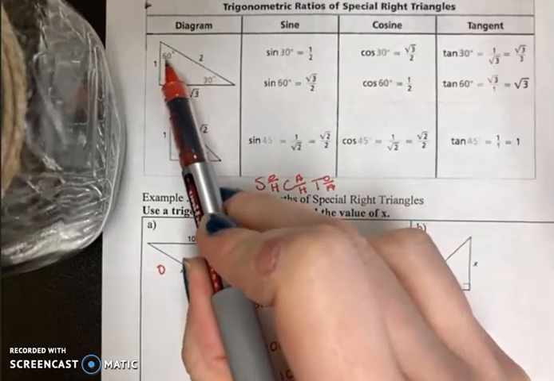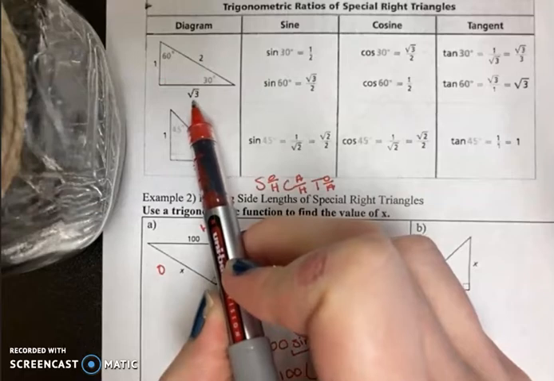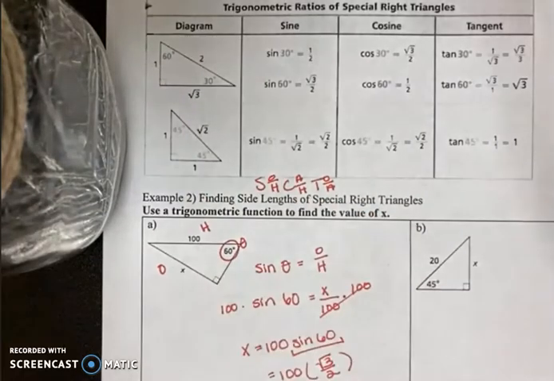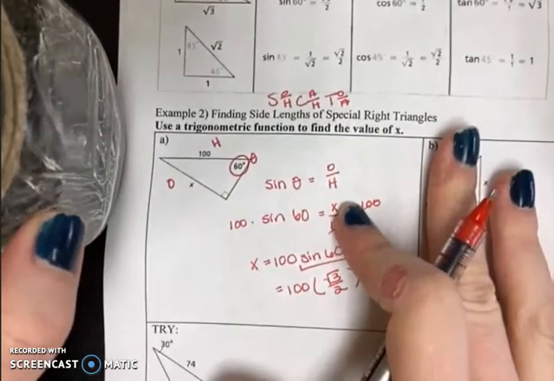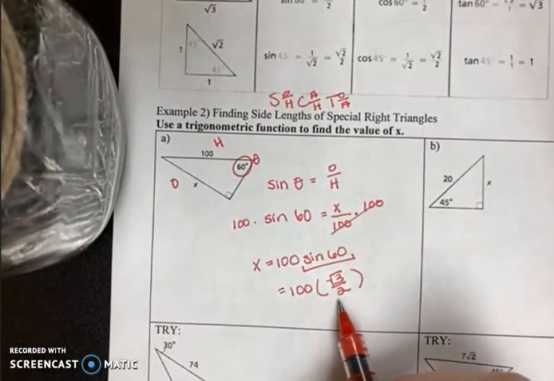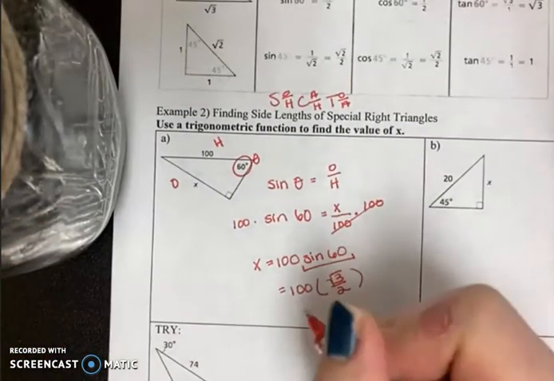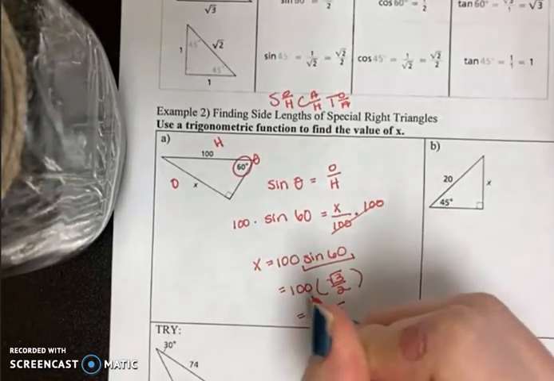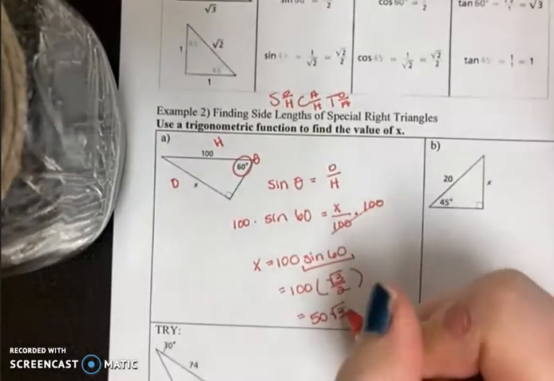Sine is opposite over hypotenuse. So opposite is root 3, hypotenuse is 2. So root 3 over 2. And then we want to clean that up. 100 times root 3 all over 2. That becomes 50 root 3, because 100 divided by 2 is 50.